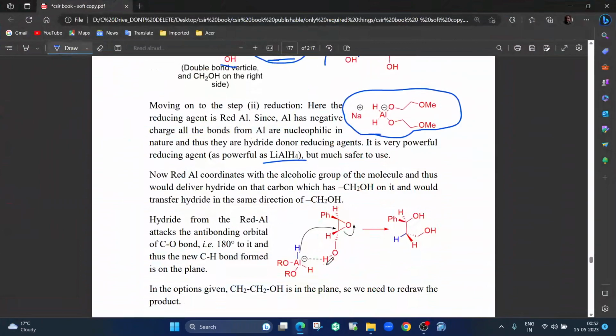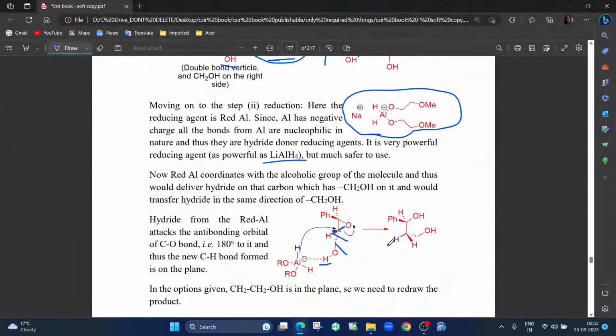OH is there, so with the hydrogen, because hydrogen has positive polarity. Once it coordinates, it of course will pump electrons onto this carbon, because this OH is on this carbon. Now if the bonding molecular orbital is here, antibonding has to be here. So when it attacks from here, it will push both the hydrogen and this on the top. So that's what is happening.